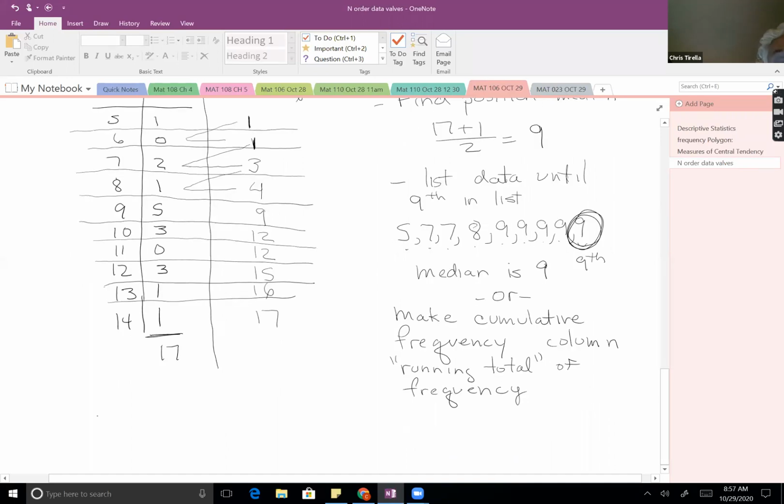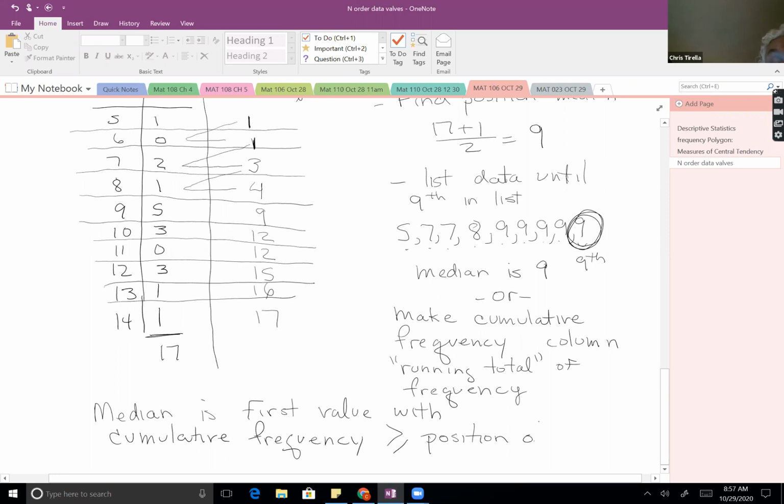And the median is the first value with a cumulative frequency that's greater than or equal to the position of the median. And so since my position was 9, where my cumulative frequency is 9, that tells me that my median is that group.